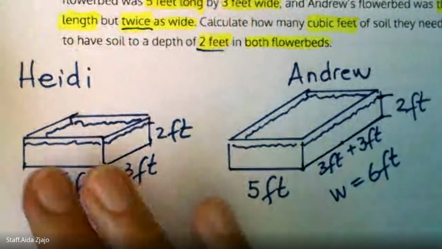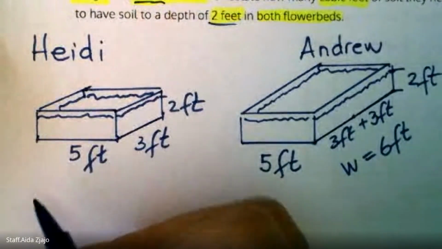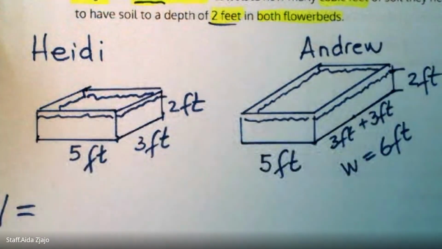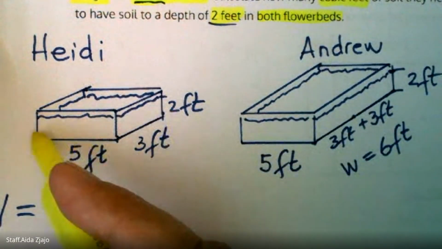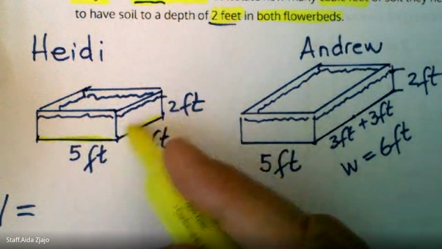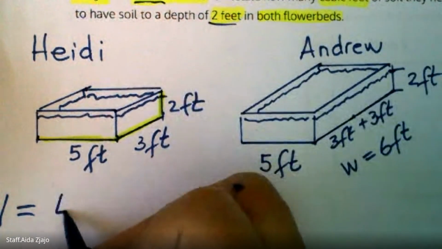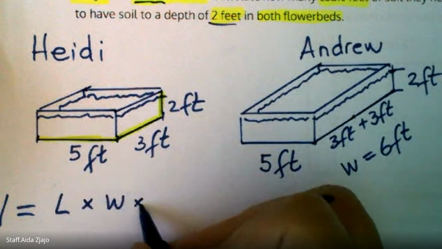Volume for Heidi is going to be length times width times height.